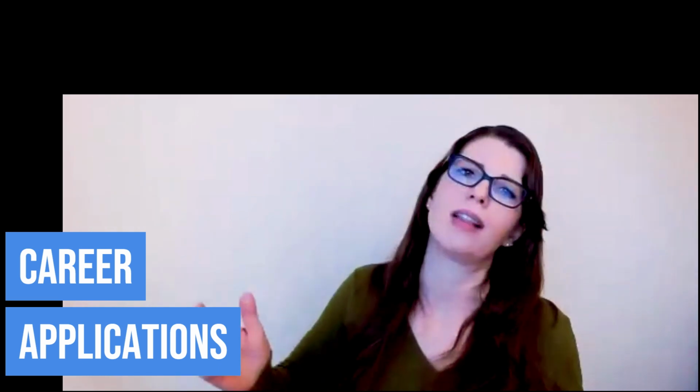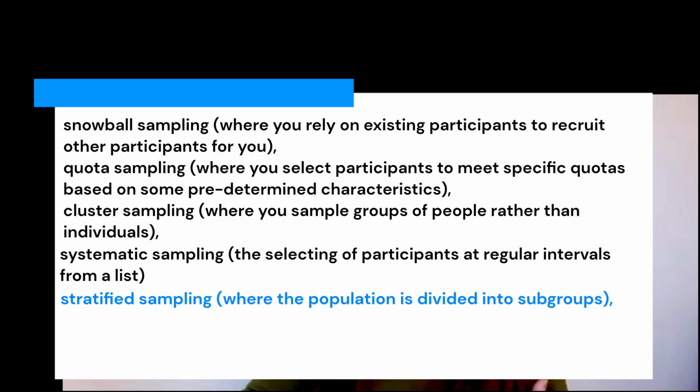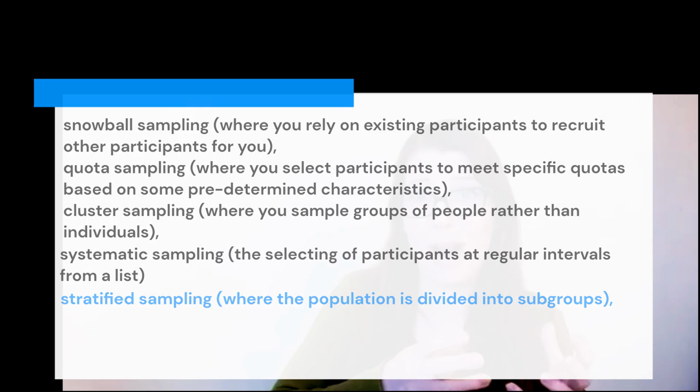Let's just say that you're interested in understanding student experiences with a new online learning platform. You might choose a random sample of students from the university. This will ensure that everyone has an equal chance of being selected. But you may decide to do what's called stratified sampling, where the population is divided into subgroups, or strata, from the word stratify, and then you create those groups based on characteristics relevant to what you're trying to study.